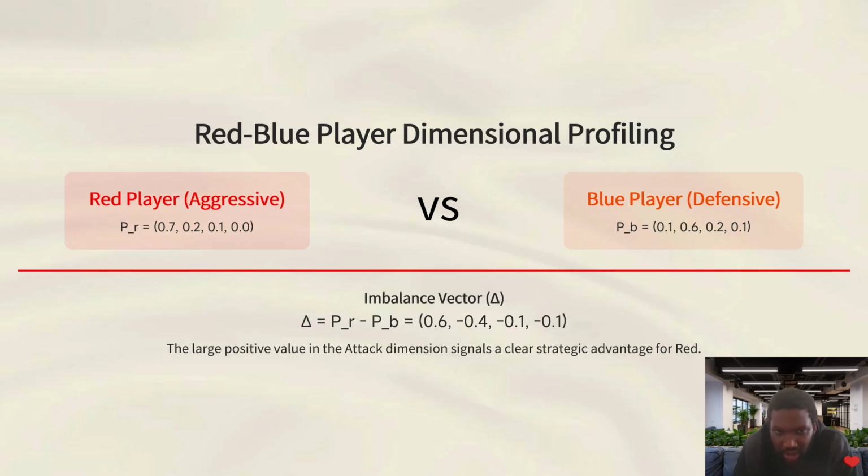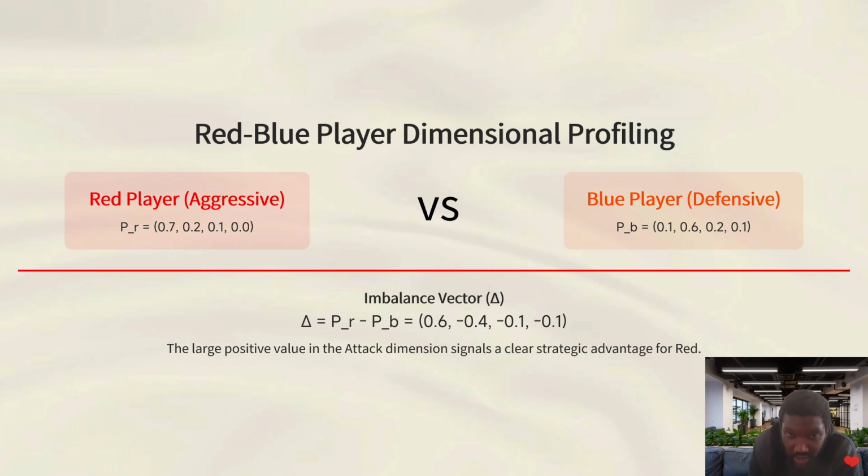imbalanced in the metric. So basically 0.7 represents attack, 0.1 represents defense in red, and 0.6 in blue. 0.7 minus 0.1 is 0.6, and this 0.6 is PR minus PB.